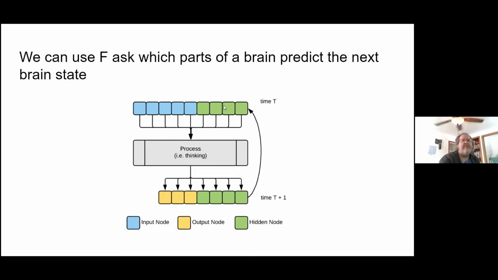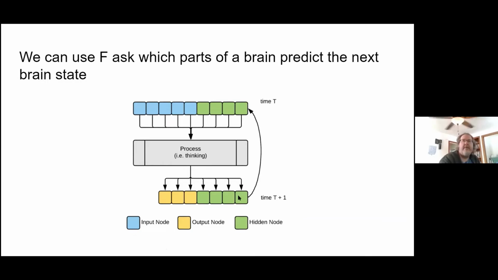And so we could say, okay, if we have the hidden from the past update and we have the inputs, can we use those to predict the next state of the brain? Well, we certainly should be able to, because this process is completely dependent on these inputs and these hidden. More importantly, can we figure out which inputs and which hidden are determining the state of the next outputs and hidden?